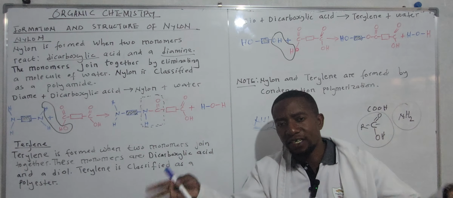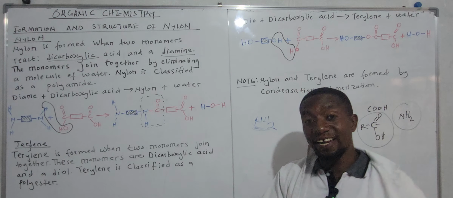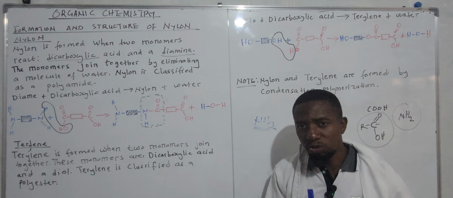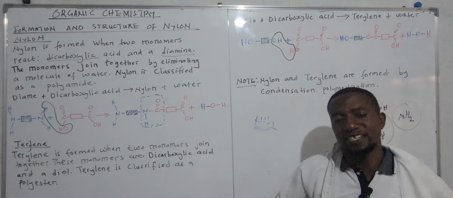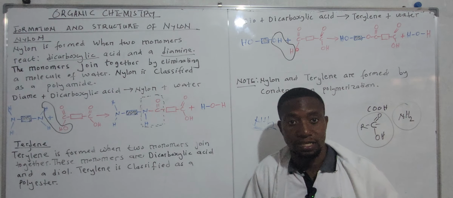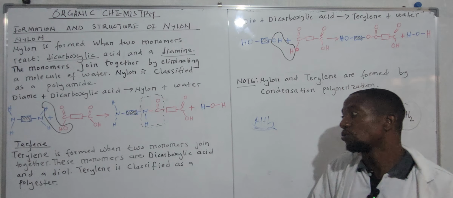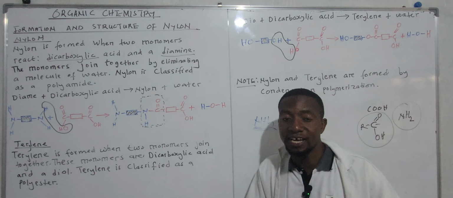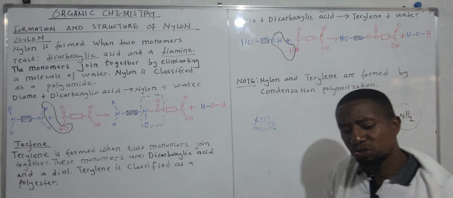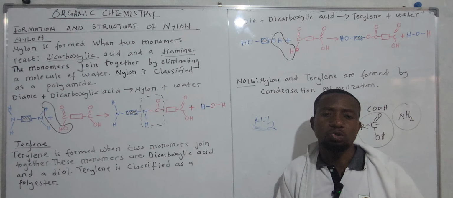A terylene is also classified as a polyester because of the ester linkage that is there on the terylene. So we have said that terylene is formed when two monomers react together. What are those two monomers?